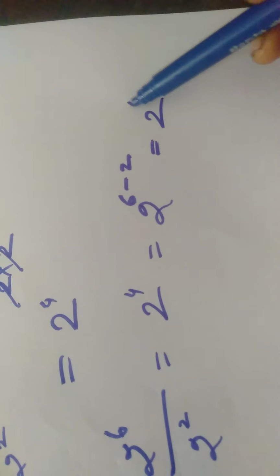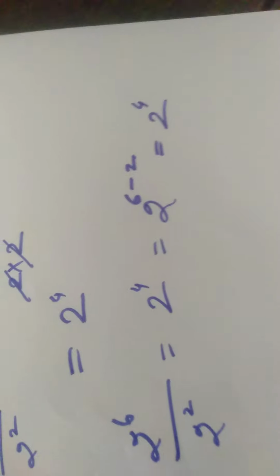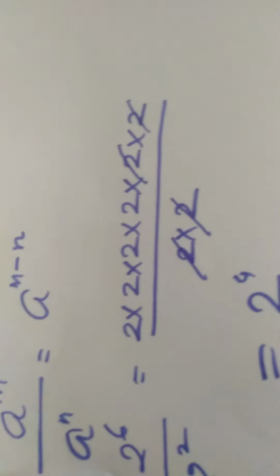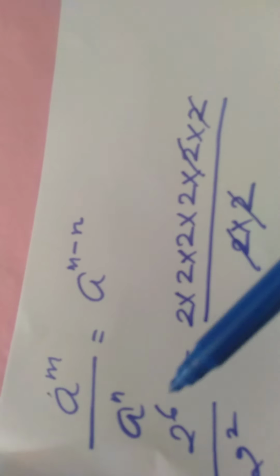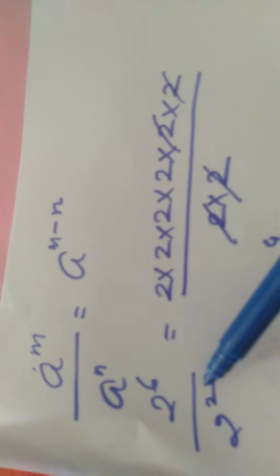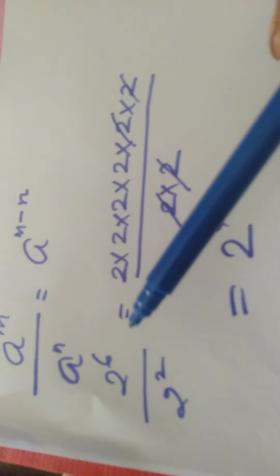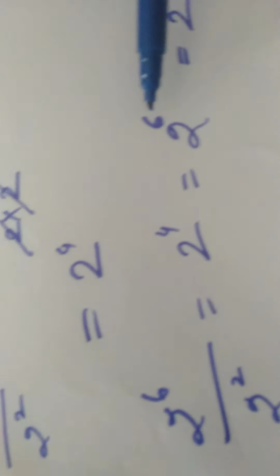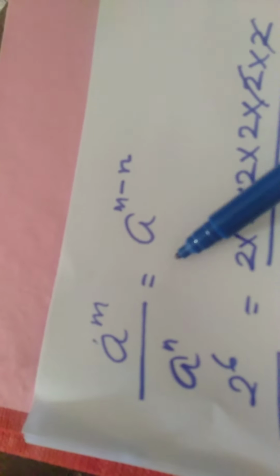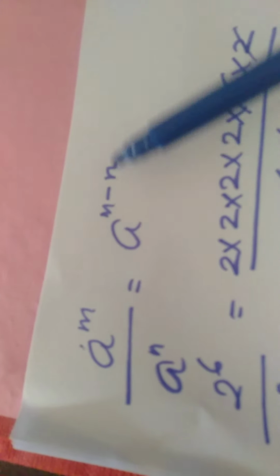So that is how we subtract when the powers are in division form with the same base and different powers. Power gets subtracted, so a to the power m upon a to the power n is equal to a to the power m minus n.